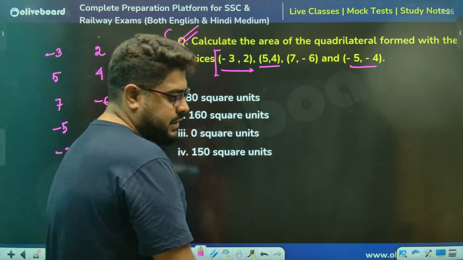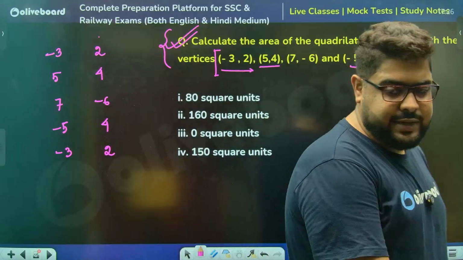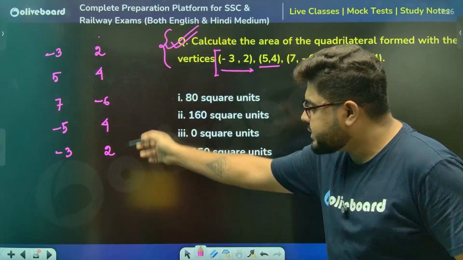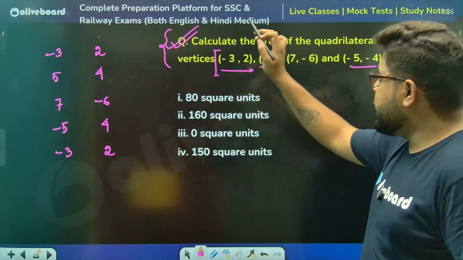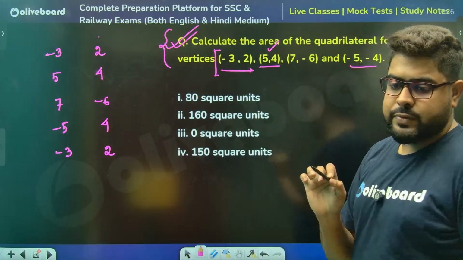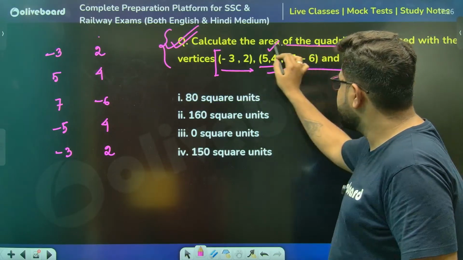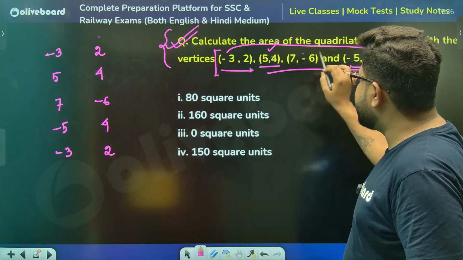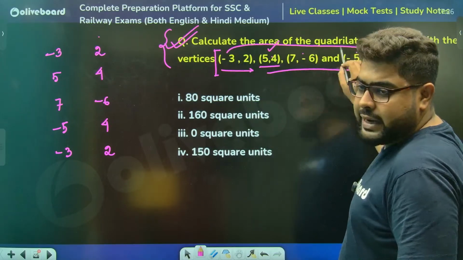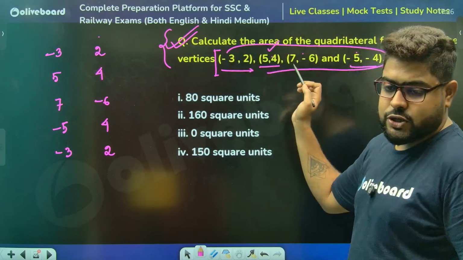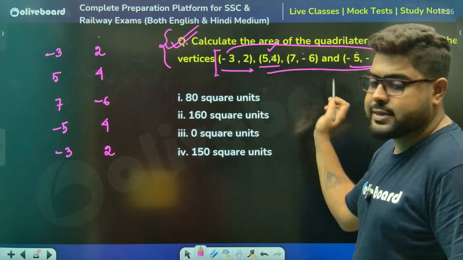Can you do that, everyone? So I have done this. Again, please understand, if you want, you can start from here as well. But if you have started from here, you have to go like this: 5, 4, then 7, -6, then -5, -4, then -3, 2. You cannot do haphazard stuff.